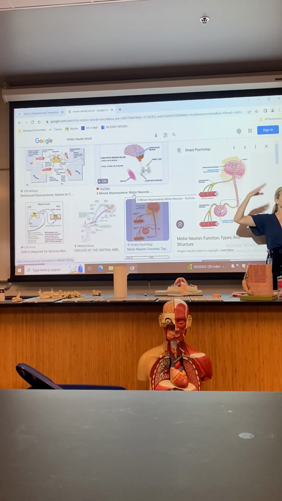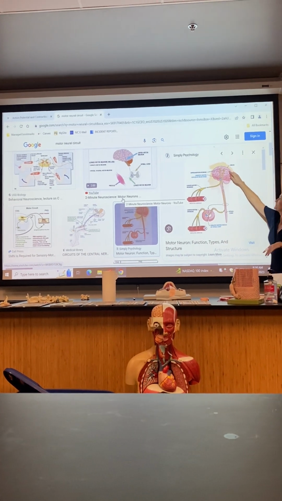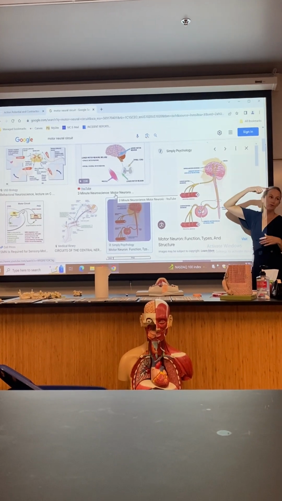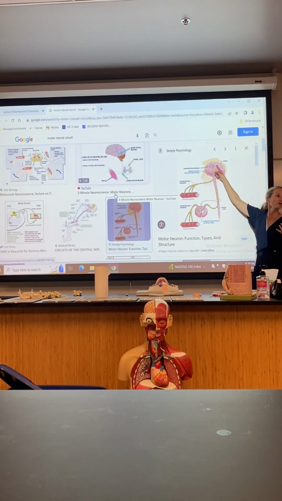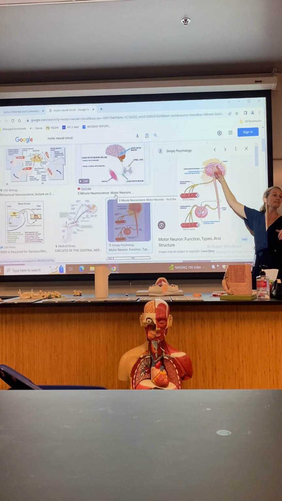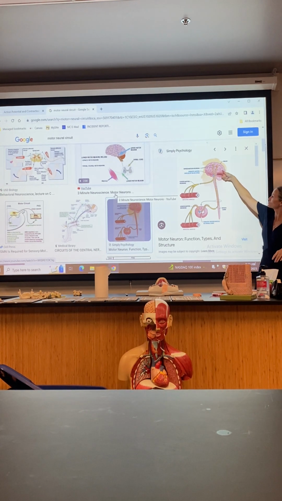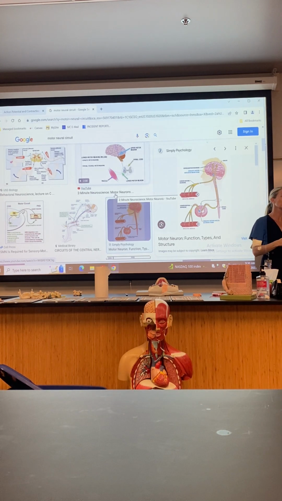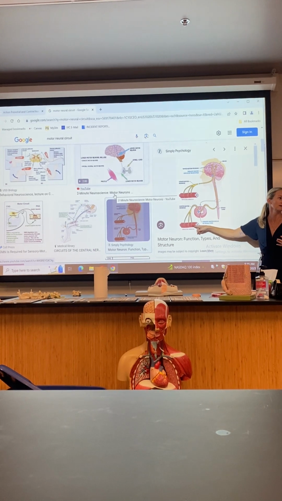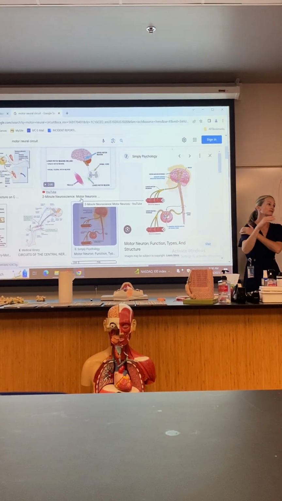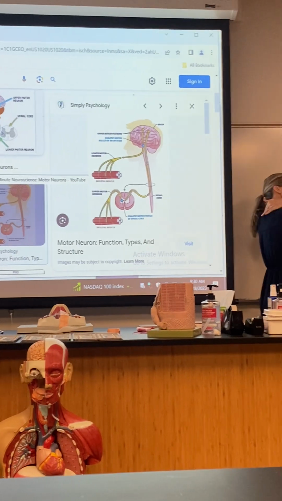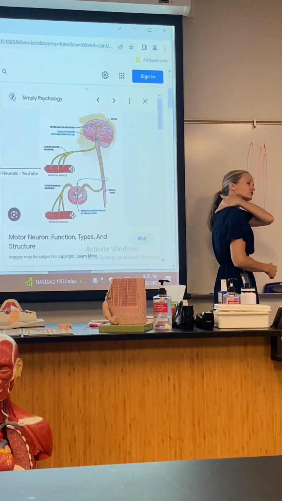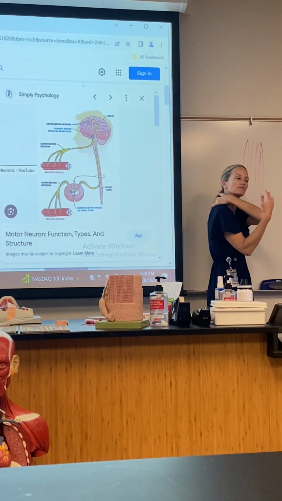Different parts of your brain are making conscious decisions, but eventually it's your motor cortex that's going to have a neuron that sends a signal down its axon. So when this guy fires, the action potential travels down its axon to whatever level of the spinal cord the motor neuron that's controlling that muscle cell is located in. If I'm moving my arm muscles, those motor neurons are going to be up here in my lower cervical and upper thoracic region of my spinal cord.